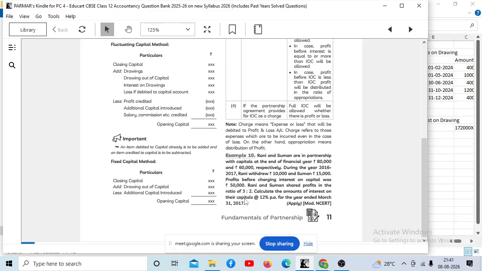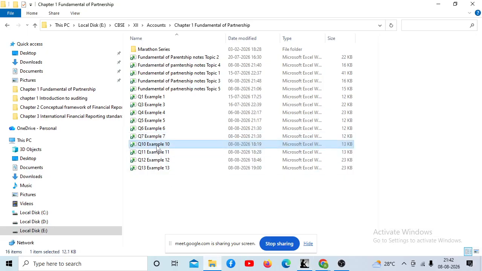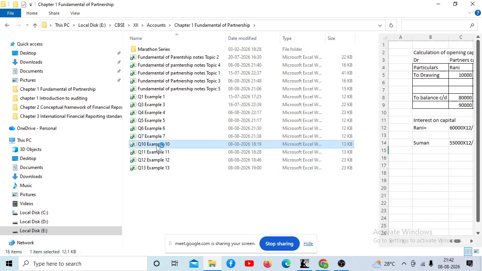Now, in order to find out the opening capital, there are two ways: you can do it in the form of a statement, or in the form of an account. I feel the account form is easier compared to the statement, so I have used the account format to find out the opening capital.